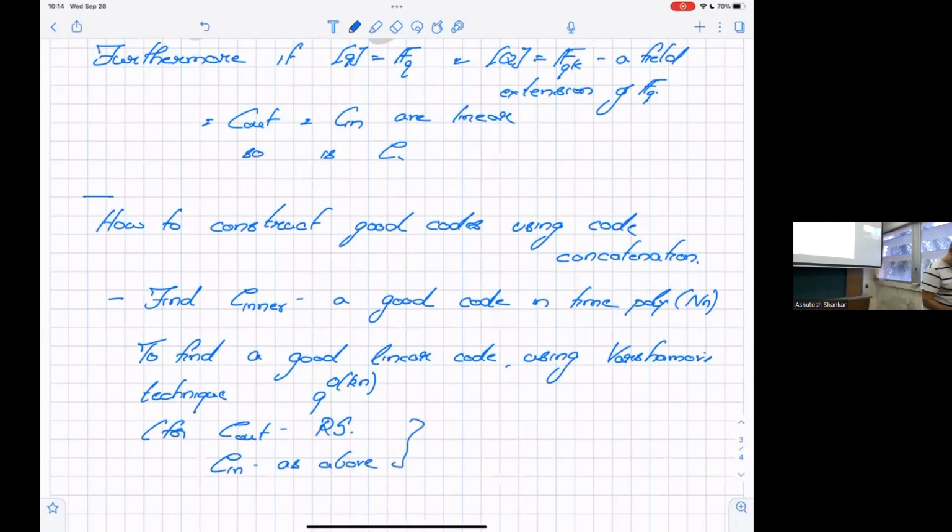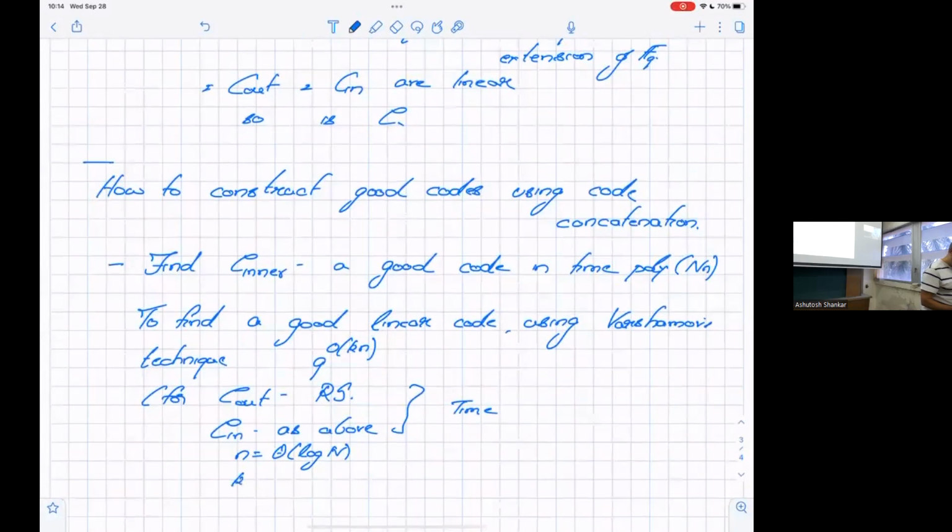The time taken will be: n will be theta log capital N, k will also be theta log capital N. The time will be 2 power order log squared, theta log squared N, and that is something like N to the power order log N.